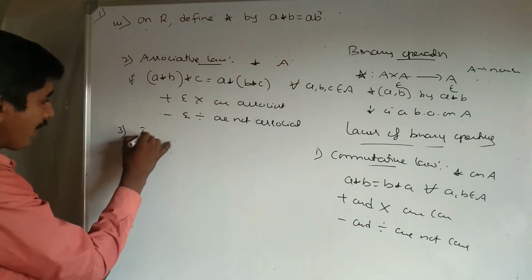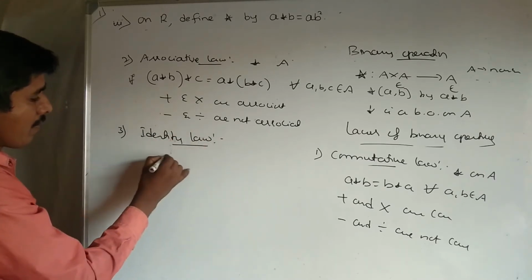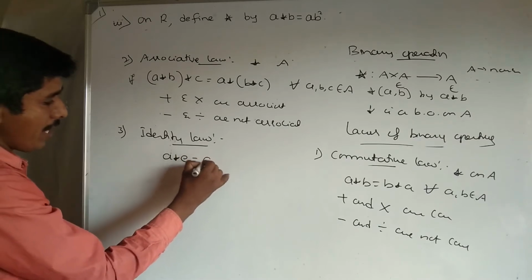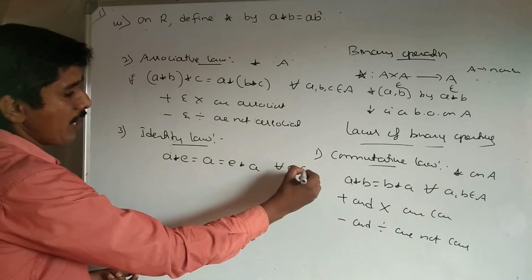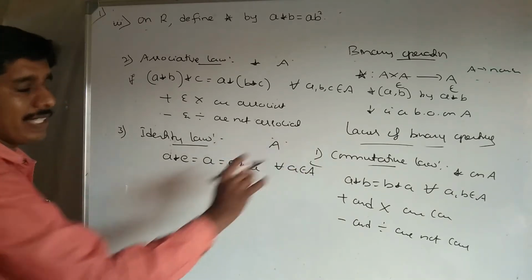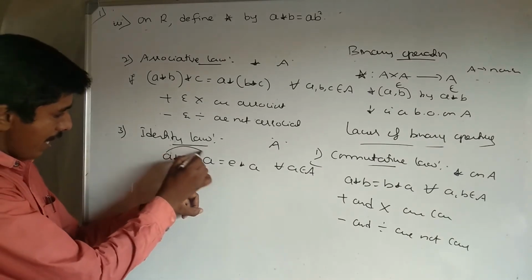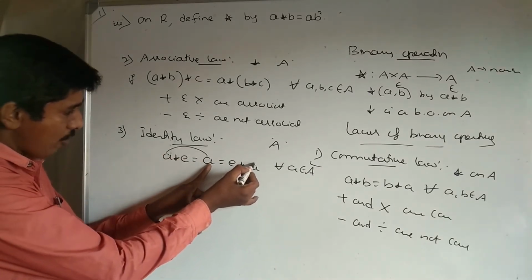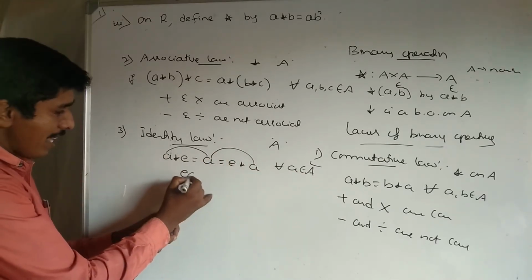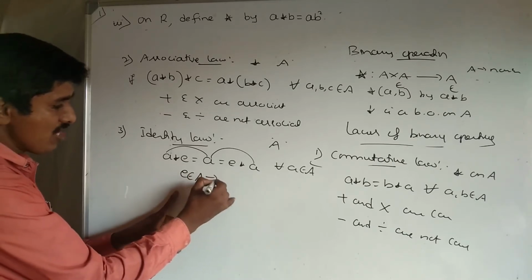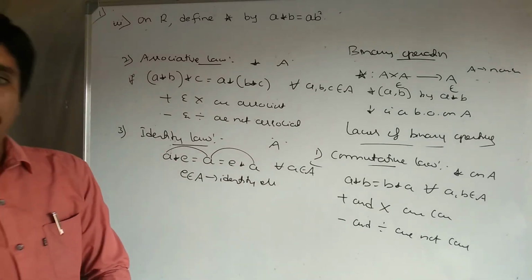Next, third one, identity law. Identity law, a very important one. a star e equals a, which equals e star a, for all a belonging to the given non-empty set A. Here a belongs to the given non-empty set, e belongs to the same set A. Then we say that e is called the identity element with respect to operation star.